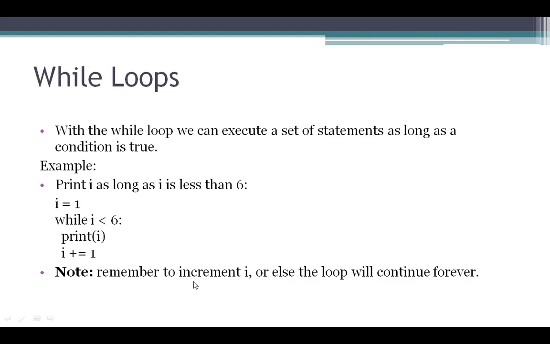What we have to remember is that we have to increment i inside the loop. Otherwise, it will continue as an infinite loop, because i will always be less than 6 if we don't increment i.